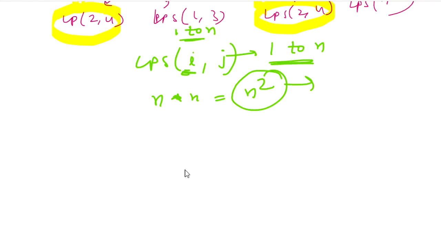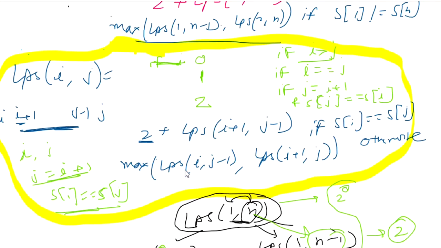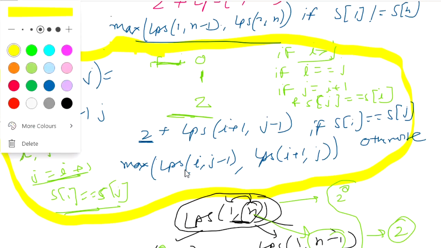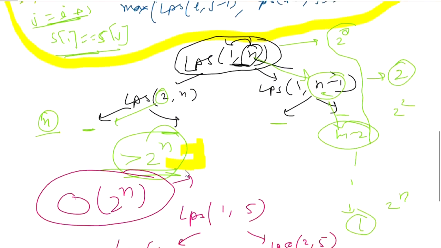As I have told you in previous videos, our standard method to convert a recursive solution to a dynamic programming solution is to add a check in this step. Let's see what we'll check.